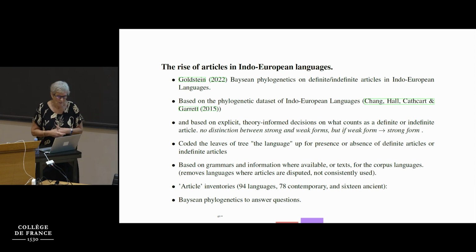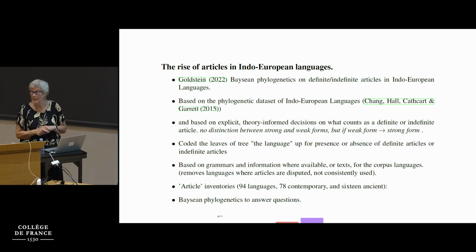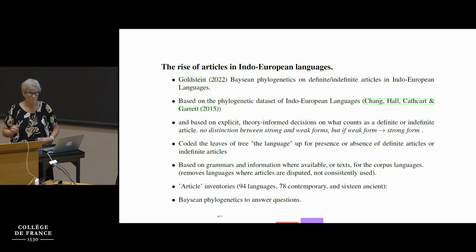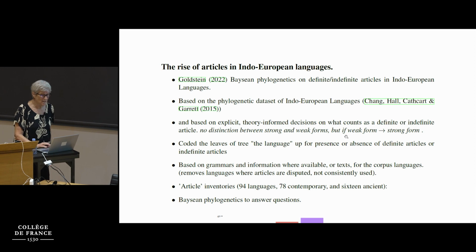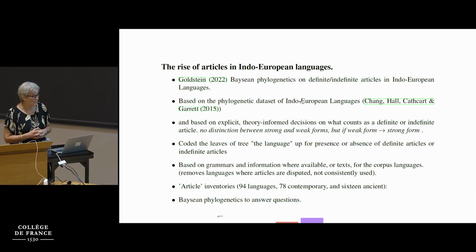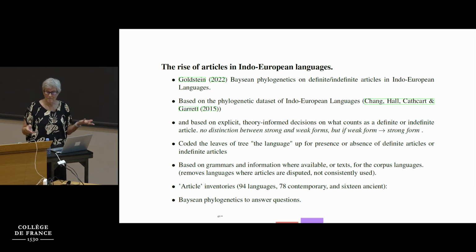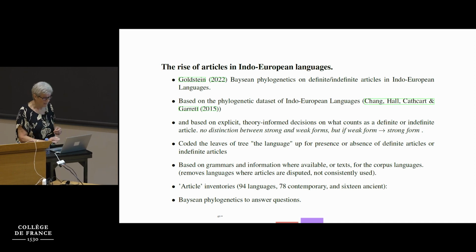No. So there's a question about what happened with the rise of articles in Indo-European languages. And what Goldstein does in this paper is that he uses methods from Bayesian phylogenetics to investigate the history of the rise of definite and indefinite articles in Indo-European languages.